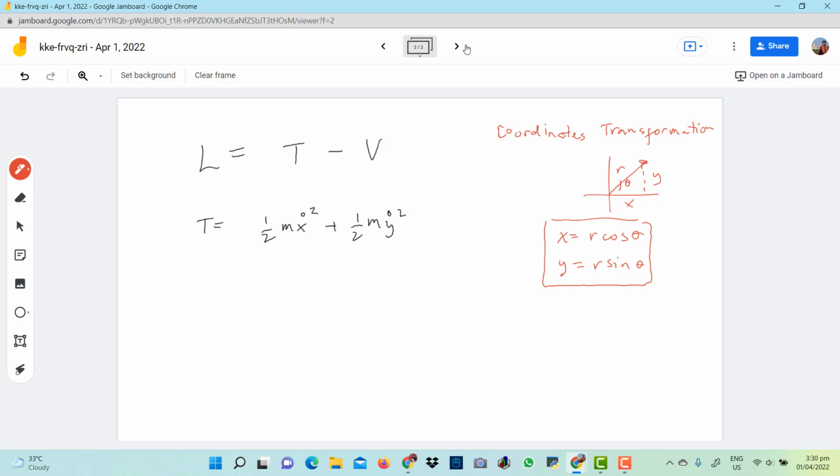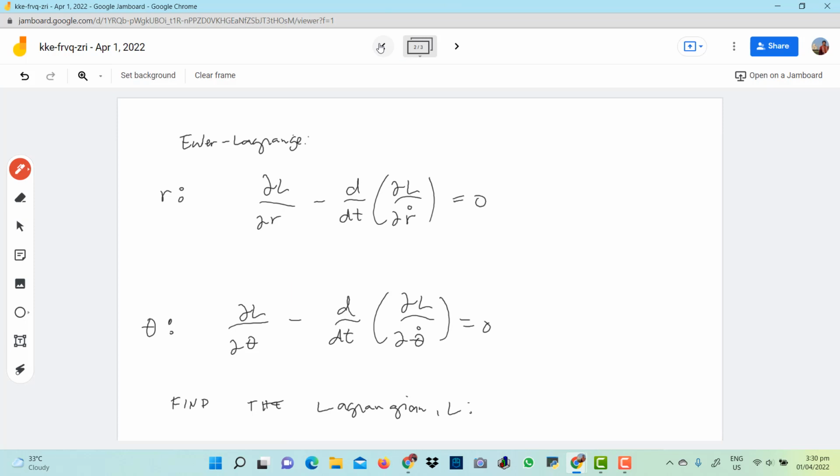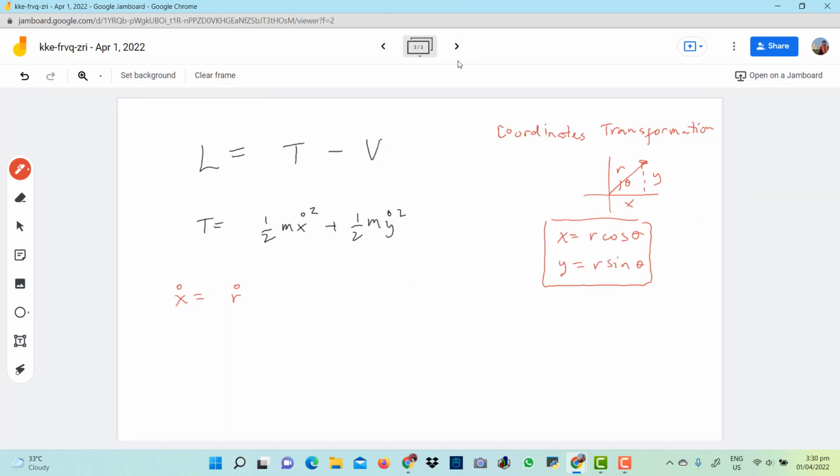Take note here, r is not fixed. If you take x dot, the derivative of x with respect to time, there are two terms. Using the product rule, I have r dot because r is not fixed. Unlike in our example last time, circular motion, where r was considered a constant and its derivative is zero, so only one term appeared in x dot.